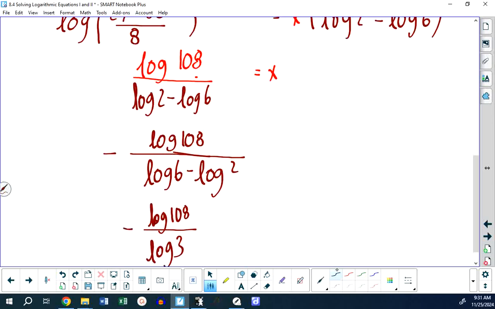With a negative. Oh, resist the temptation to go 108 divided by 3. You can't do that. You cannot divide arguments for logarithms.